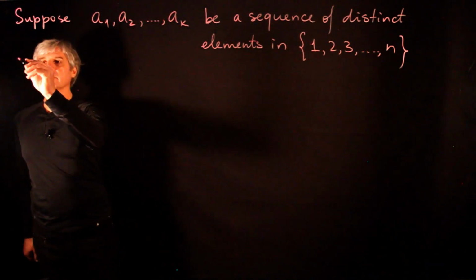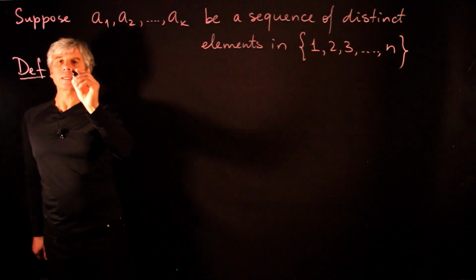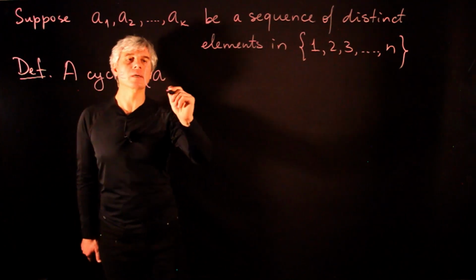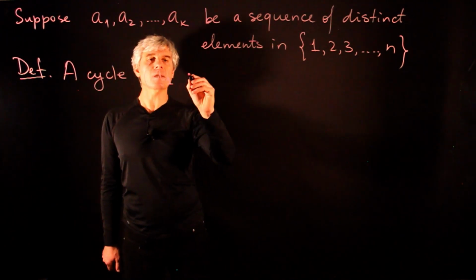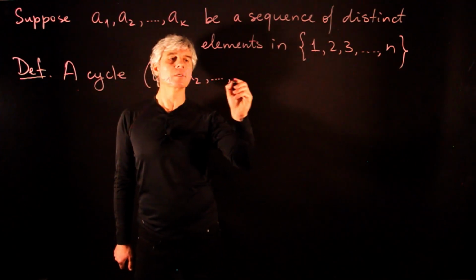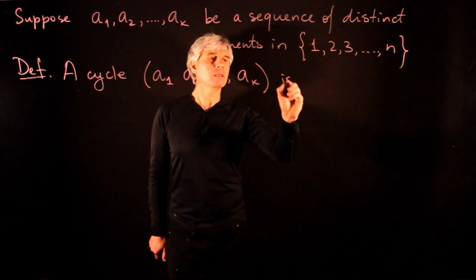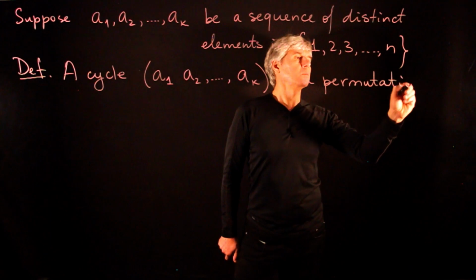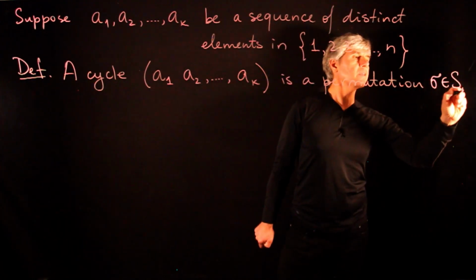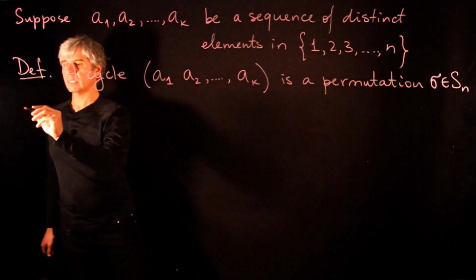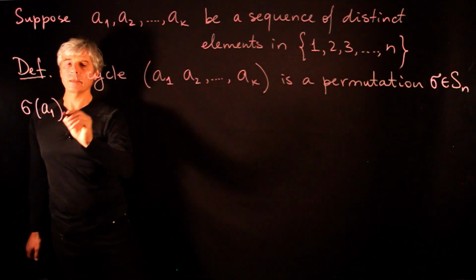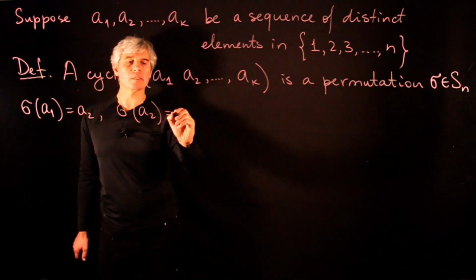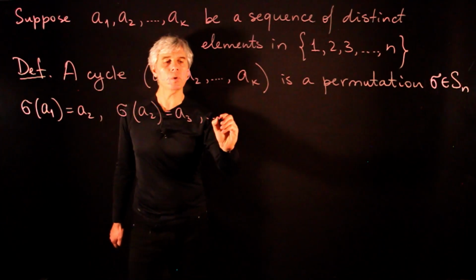And then we define a cycle, and the notation is, we use single row notation for cycle (a1, a2, ..., ak), is a permutation sigma in Sn defined as follows. Sigma applied to a1 produces a2, sigma applied to a2 has value a3, and so on.